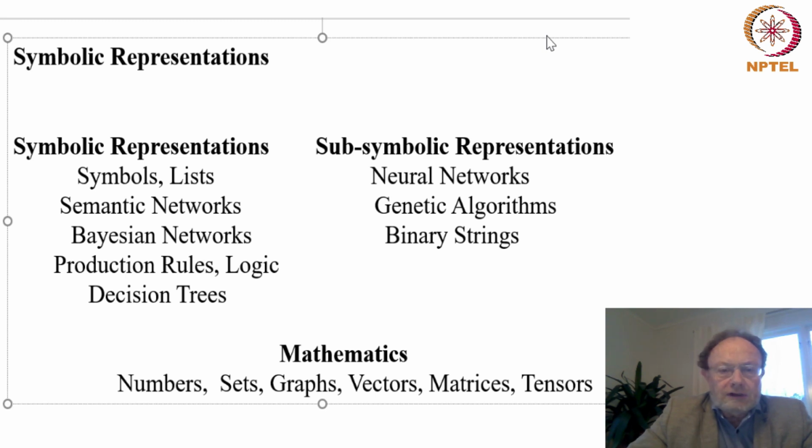By symbolic representations is meant symbols, lists, semantic networks, Bayesian networks, production rules, logic, decision trees, many of those things that we introduced last week. In contrast to that, we have sub-symbolic representations: neural networks, genetic algorithms, binary strings, and you also heard something about that already.